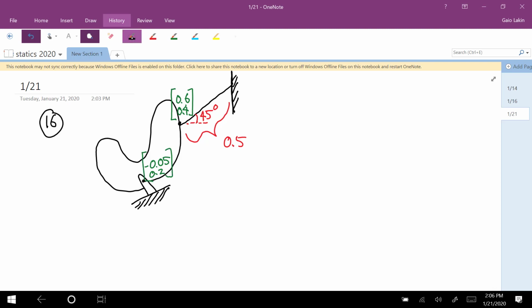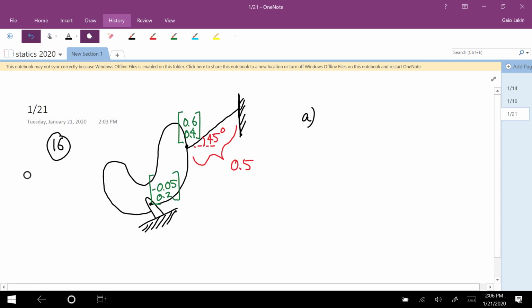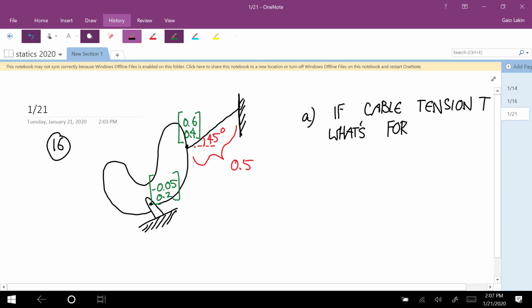And the first question is, I think, if the tension in the cable is T, what's the force vector that's applied to that body by the cable?